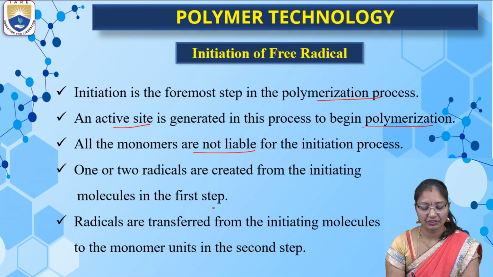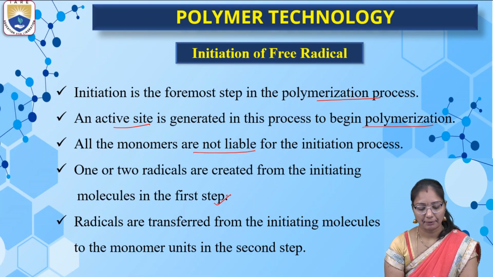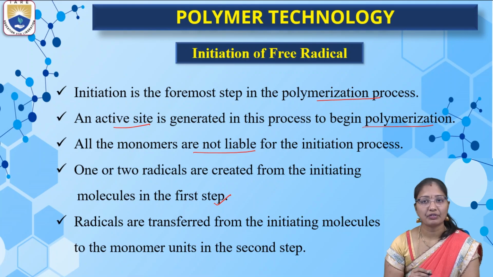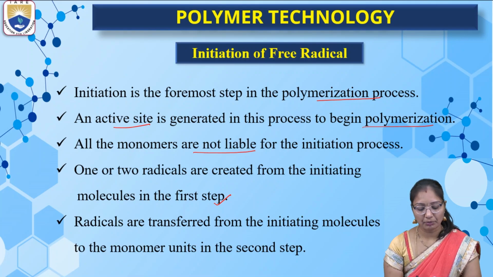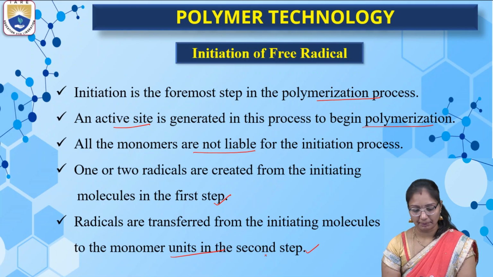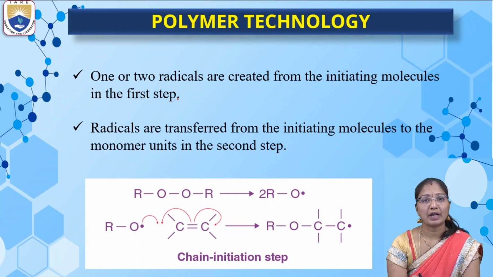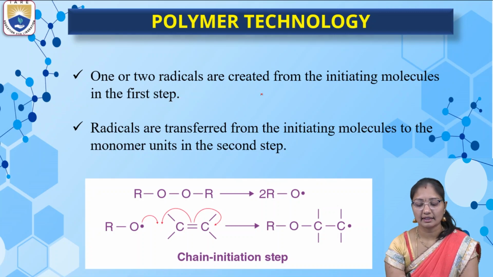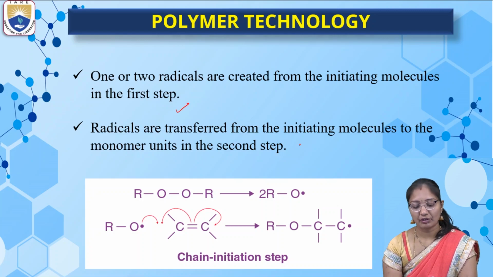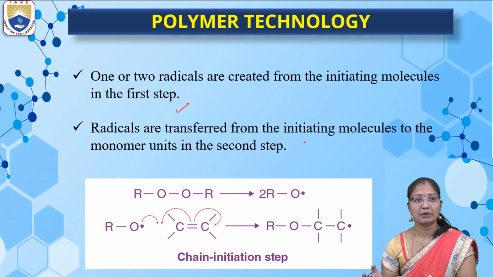The radicals are transferred from the initiating molecules to the monomer units in the second step, which is the propagating step. As we know, in the first chain initiation step, the two free radicals are created from the initiating process, and they are transferred to the second step respectively.